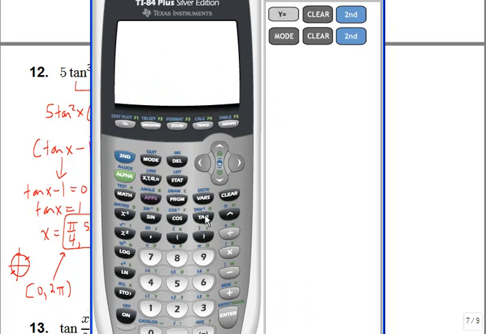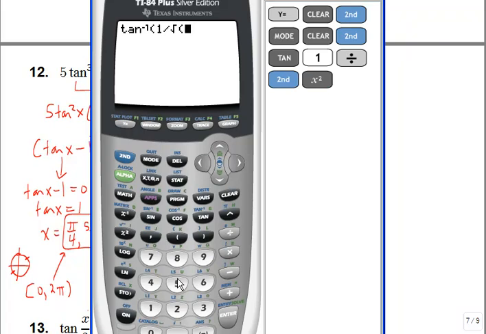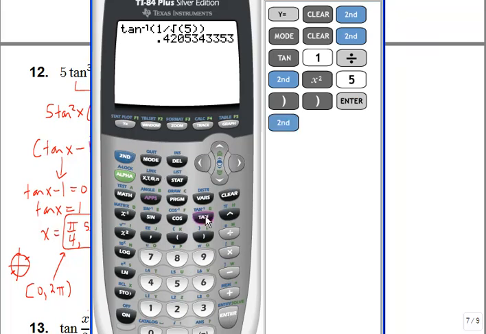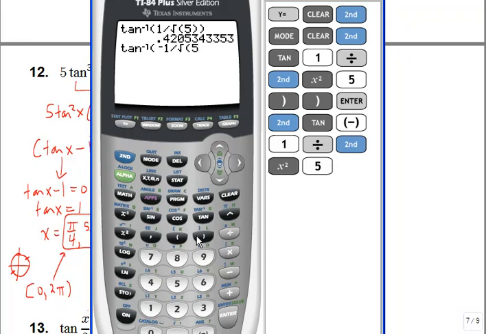So we're going to do the inverse tangent of 1 divided by the square root of 5, and we get 0.4205. And then if we do this again for the negative case, we should get exactly the same decimal, but it's opposite because it's that fourth quadrant angle.